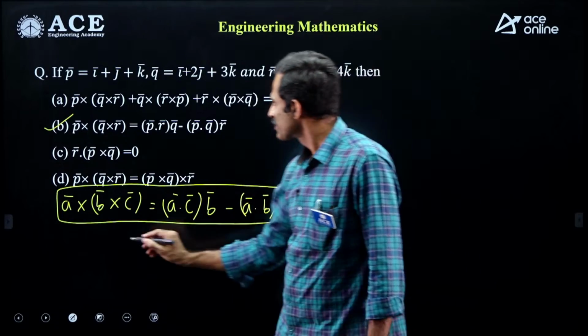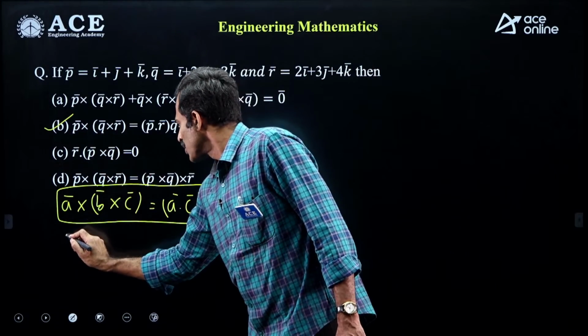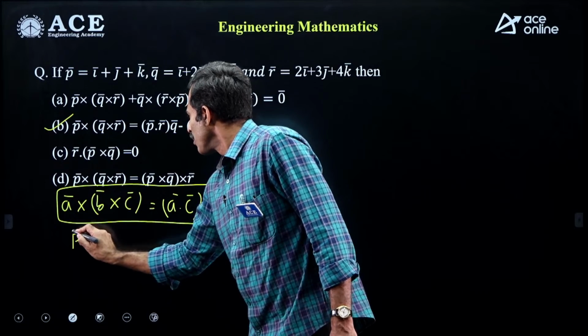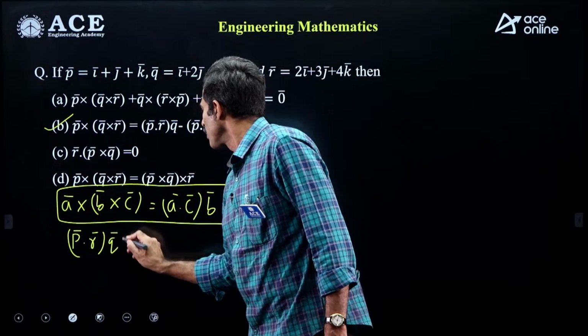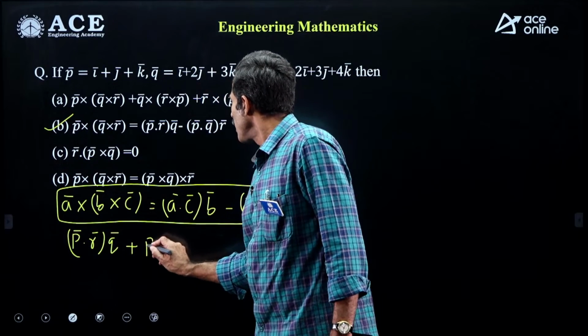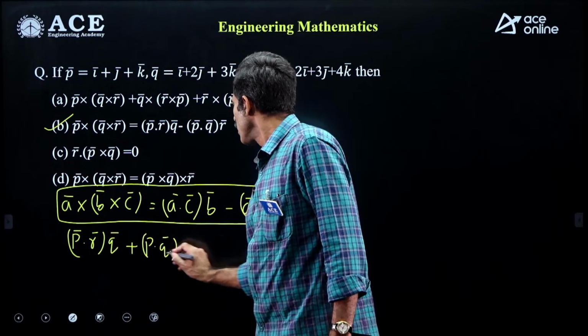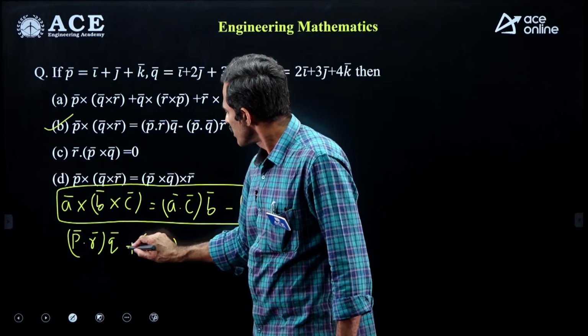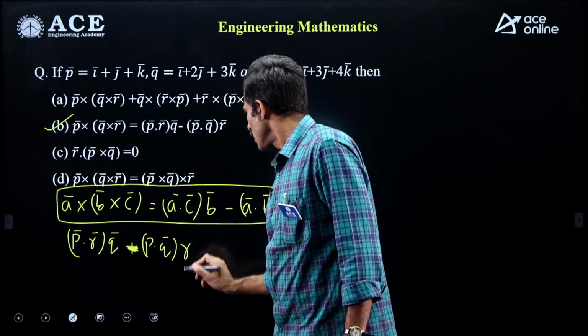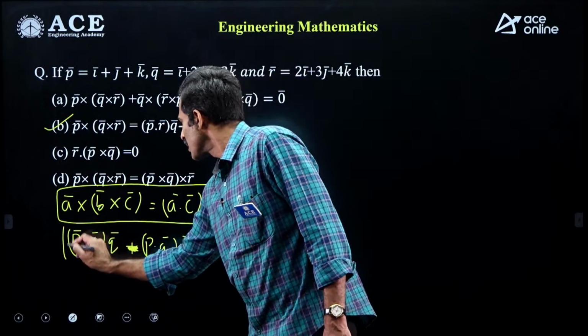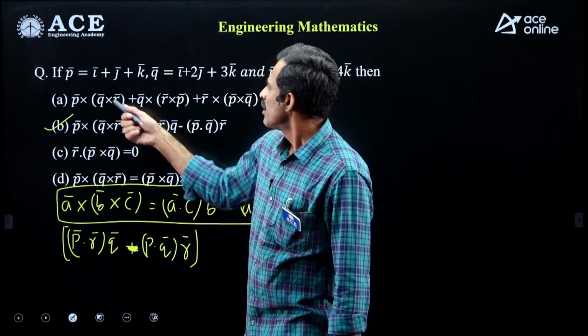From option A we can add P bar dot R bar into Q bar plus P bar dot Q bar minus, into R bar. This is the resulting expression in place of this.